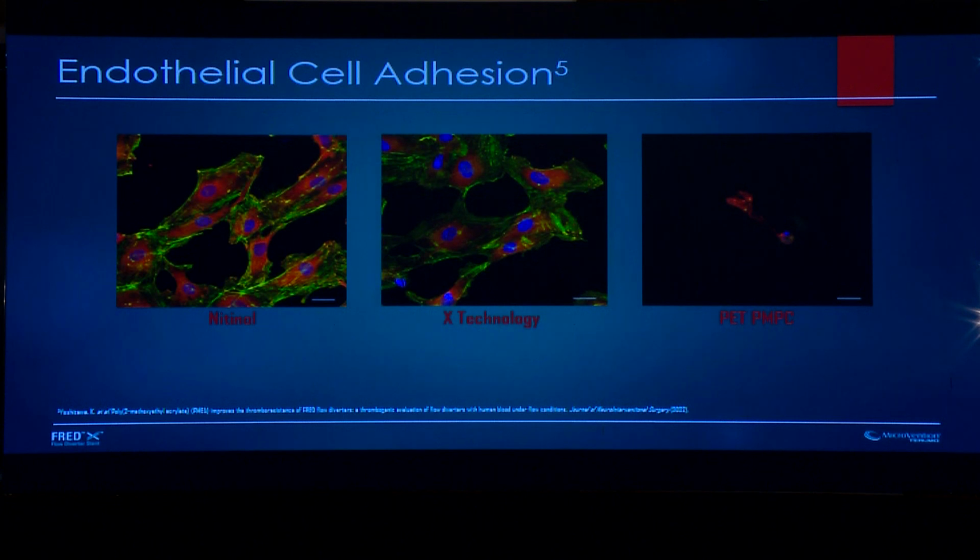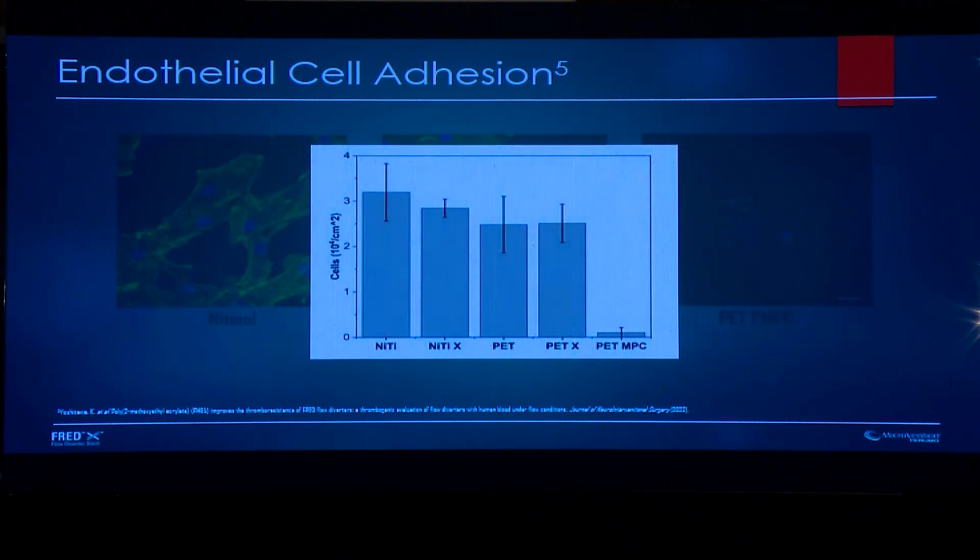And it was clear that the X technology coated sheets, as well as the bare sheets, had similar endothelial adhesion, whereas the phosphorylcholine sheets had significantly reduced adhesion, but also the endothelial cells had this sort of rolled up ball morphology. But again, the authors acknowledged this in vitro study might not transfer to animal models or the clinical application.